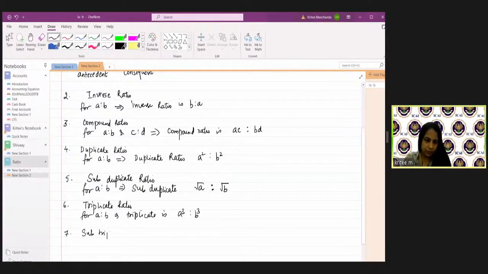Subtriplicate ratio: again, for A is to B, subtriplicate is cube root of A is to cube root of B.